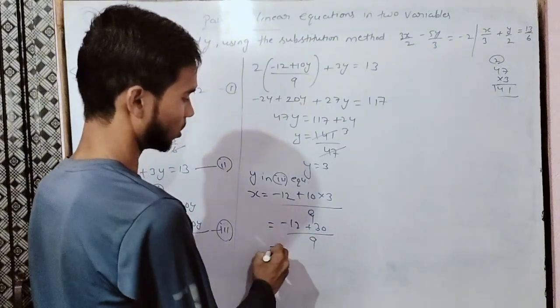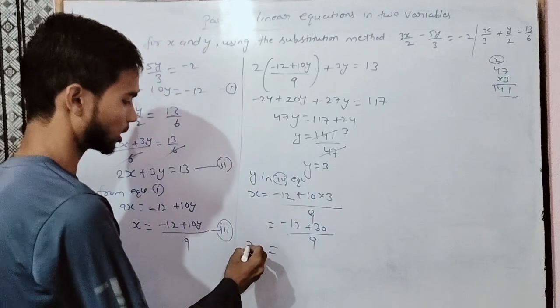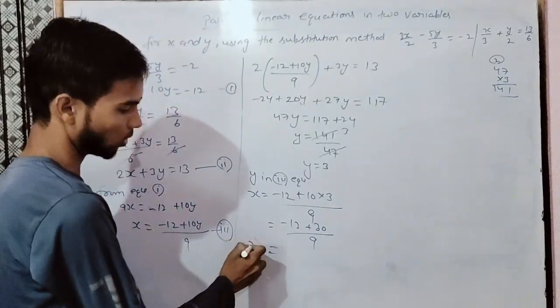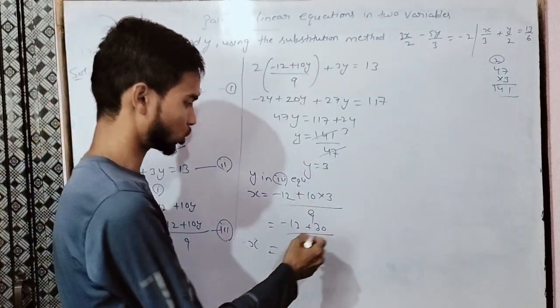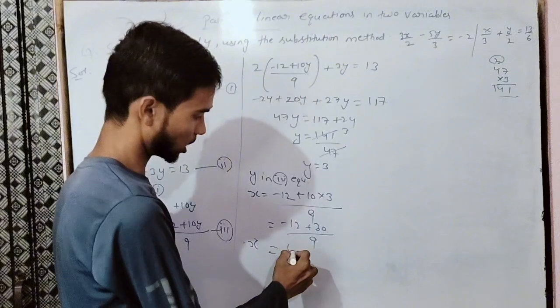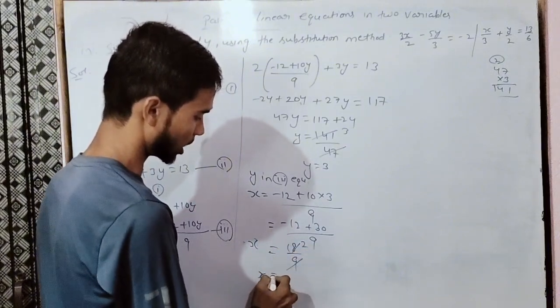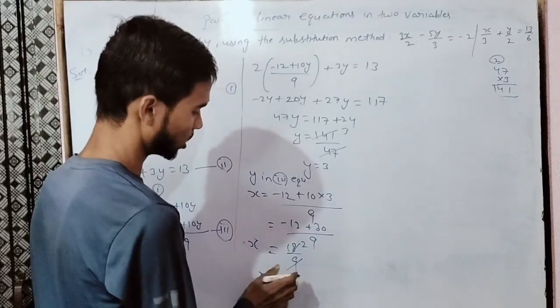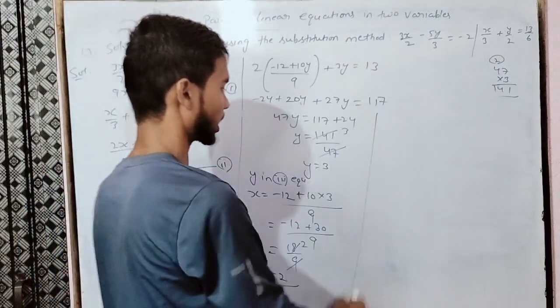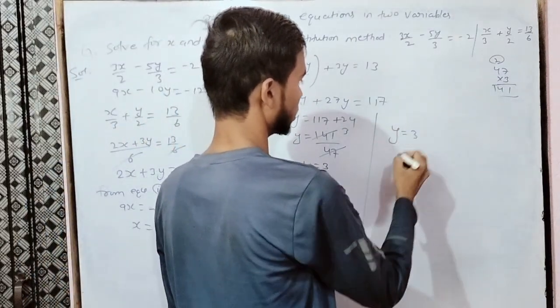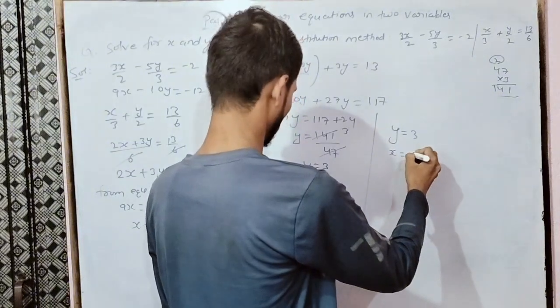Now we are getting the value of x, how much? I think 18 upon 9. 9 twos are 18. So x is 2 we got. So finally I can write y is 3 and x is 2.